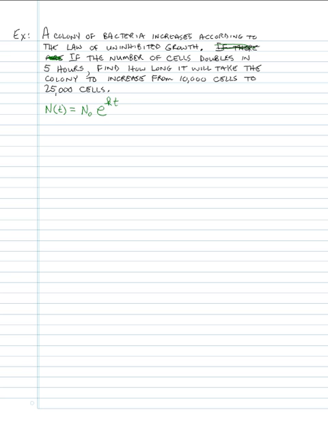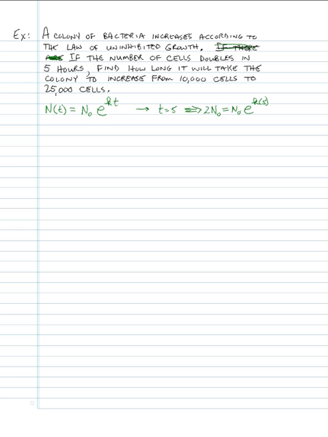So I guess what we could say is that if t is equal to 5, then that tells us that 2 times the amount that we start with is equal to the amount we start with times e to the power k times, now our t, remember, is 5. The issue is, no matter, it says that the number of cells doubles in 5 hours. So if we start with N sub 0, when t is 5, we'll have 2 times N sub 0.